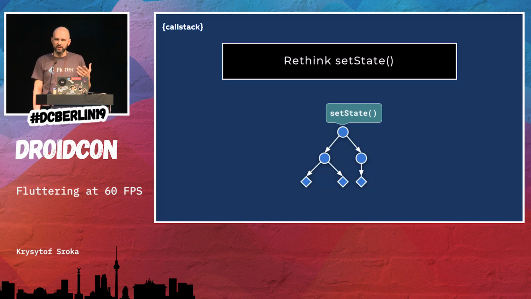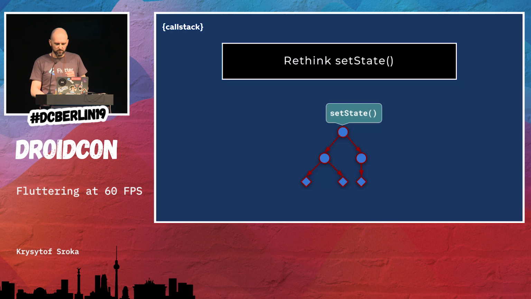And set state, unfortunately, has this effect that once we set state somewhere in a tree, it's most likely to propagate down, and the whole subtree will be recreated. So one thing you obviously can do is push the set state closer to the leaf nodes, so that it doesn't affect huge portions of a tree.